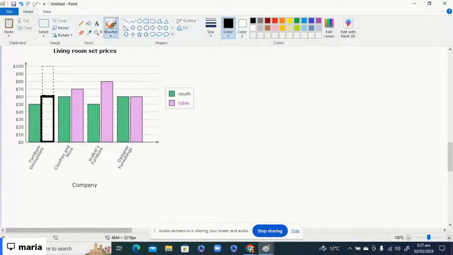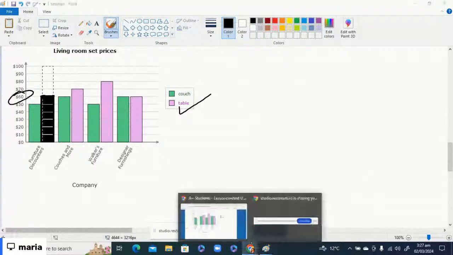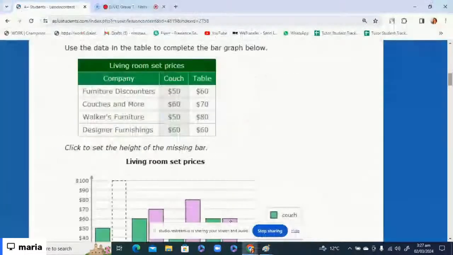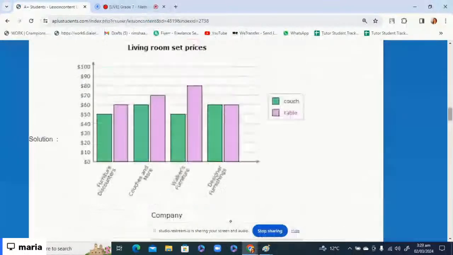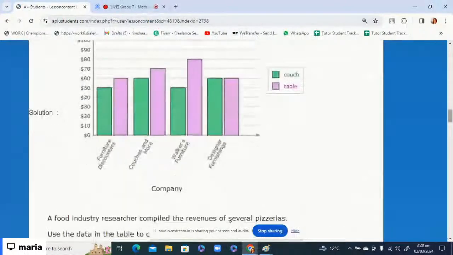So in this way, table, that is 60. Look here, we are finding it out for 60. Now let's check our answer. This is 60.